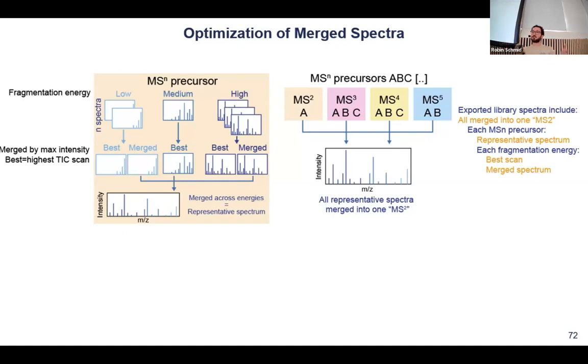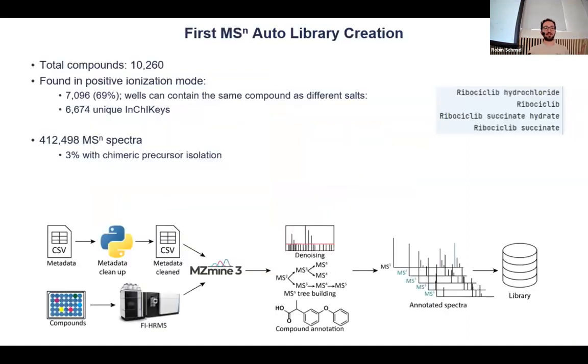And then we merge everything into one spectrum. And then we might even go through the whole MSn tree and merge everything into one spectrum. It's nothing that you can acquire in any way, right? But at least it's going to collapse all information into one spectrum so that other tools might be able to use that. So this is one way we try to generate the spectra and then export them so that people can actually use them. Not going to go into detail here.